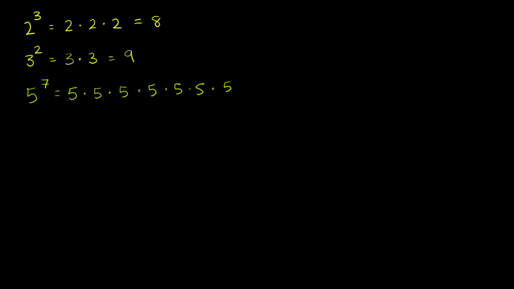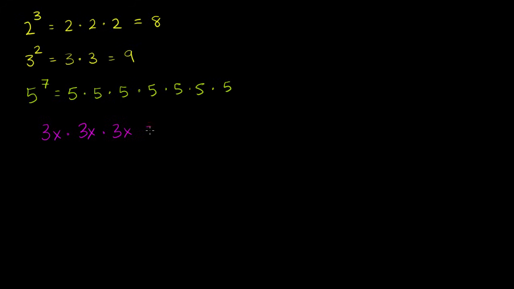So what would 3x, let me do this in a different color, what would 3x times 3x times 3x be? Well, one thing you need to remember about multiplication is it doesn't matter what order you do the multiplication in.